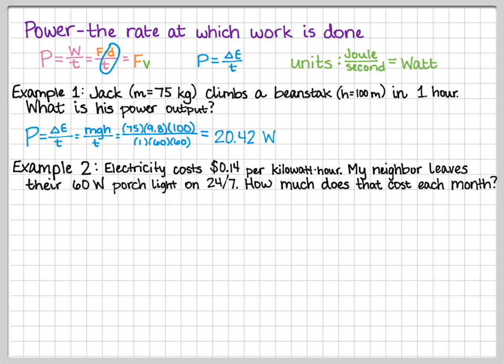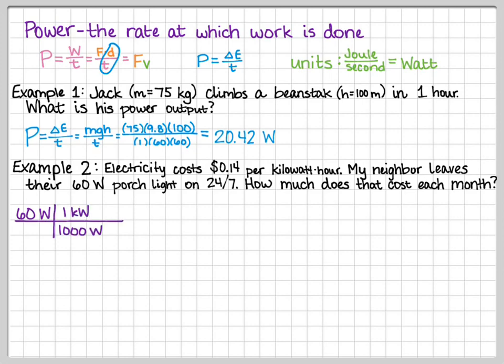Thankfully, the electricity company charges you for the amount of energy that you use rather than the rate at which you use it. There's no surge pricing or anything like that. So my neighbor leaves his lights on for a month straight. If you have gotten through dimensional analysis in chemistry, I suspect that this is going to be kind of familiar to you.